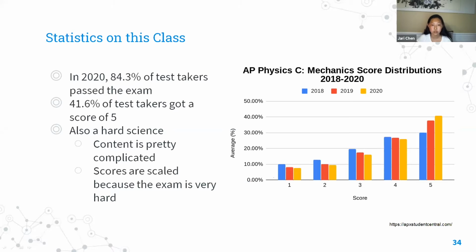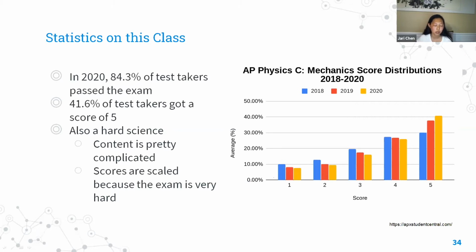But as you see on the chart on the right, it looks very different from the others. If it's so hard, then why isn't it a very bell-curved shape? This is because the scores are scaled, meaning that a lower raw score can get you a higher AP score.